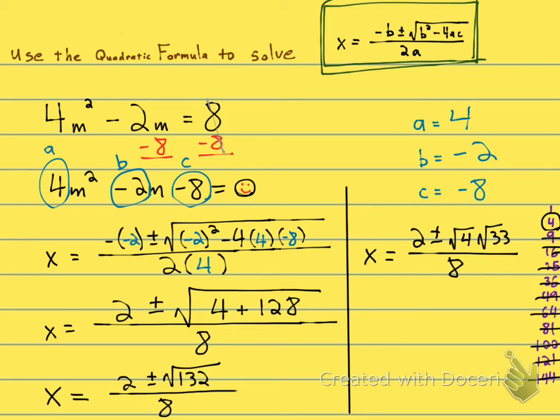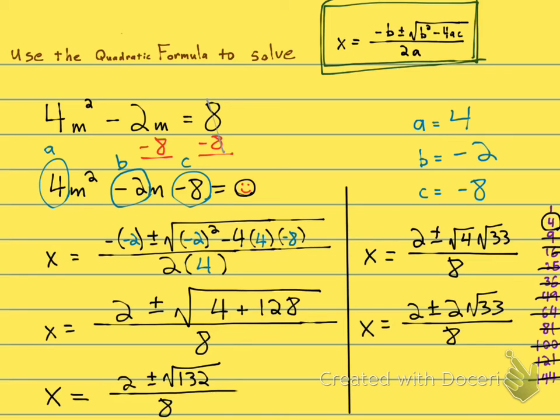Now I'm going to reduce that square root of 4. 2 plus or minus, square root of 4 is 2, all over 8. And then one more thing I can do is either factor out a 2 from the top that's going to reduce with my 8, or I can split it up into 2 fractions. I'm going to go ahead and split it up into 2 fractions.